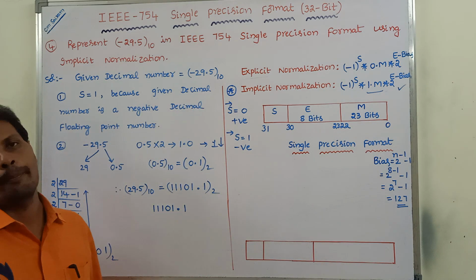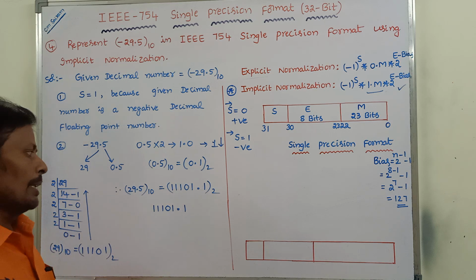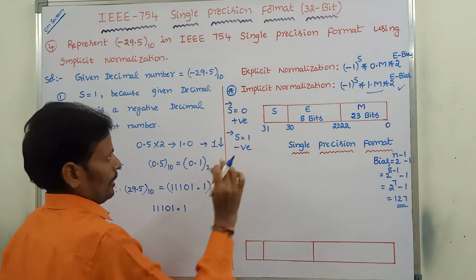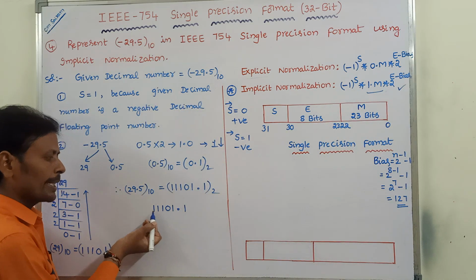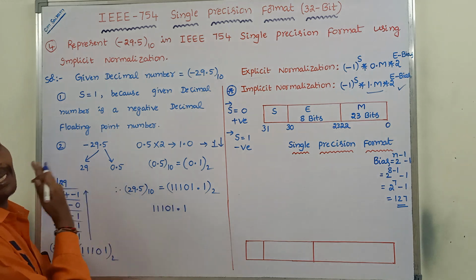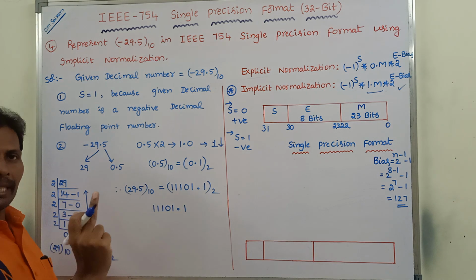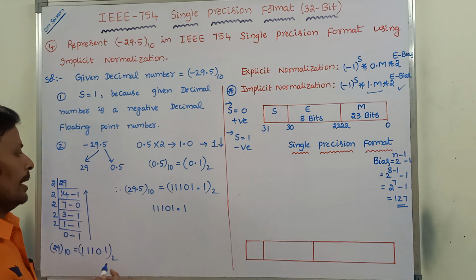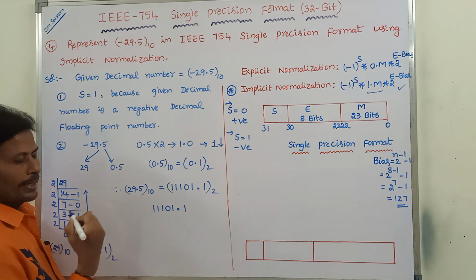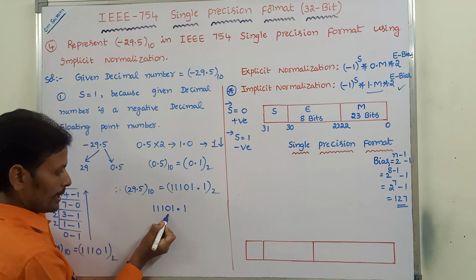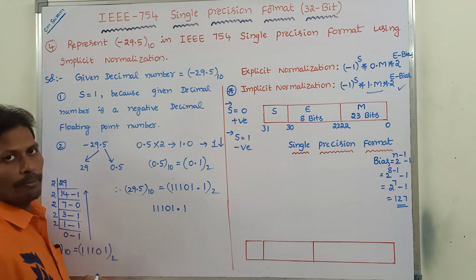M is nothing but the fractional part. Here, to get 1 point something, we have to move the decimal point towards the left. At a time, 1 bit can be moved. First this decimal point can be moved to this one. Next, to this one. Then to this one.